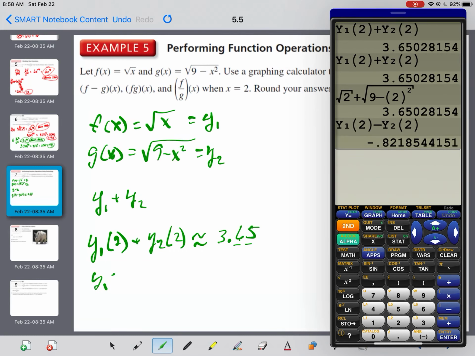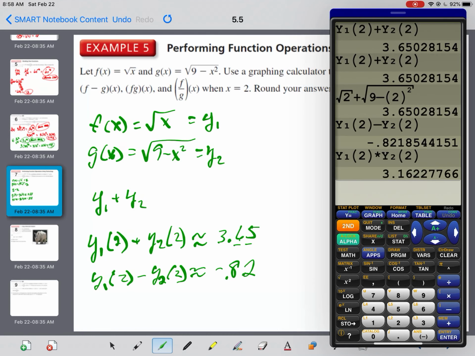Okay, so y1 of 2 minus y2 of 2 is about negative 0.82. And we can go back up there, run it again, pick this, and go, well, then let's multiply them. When we do y1 of 2 times y2 of 2, we get 3.16.